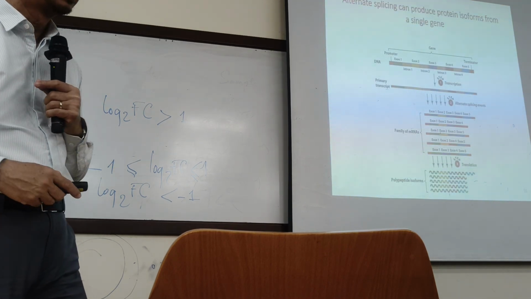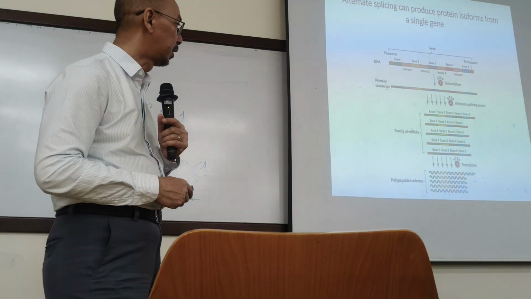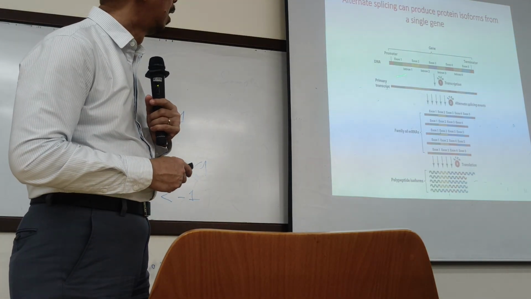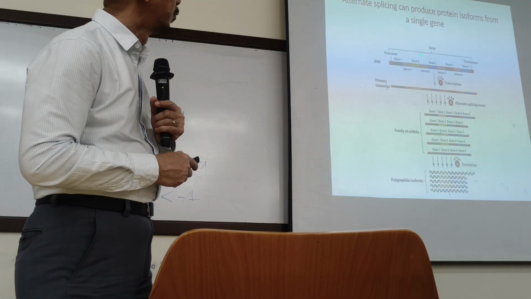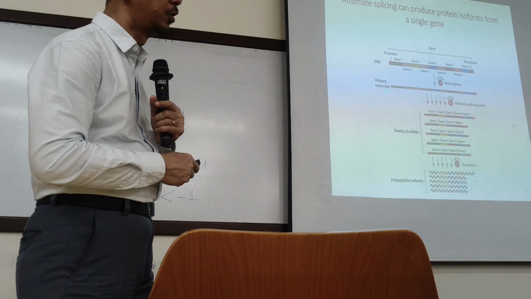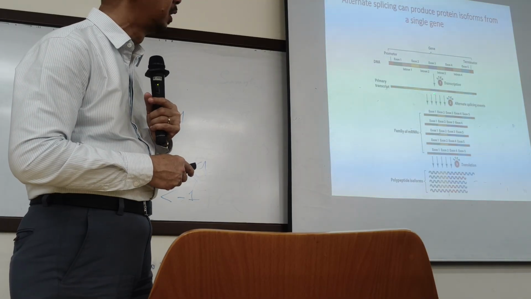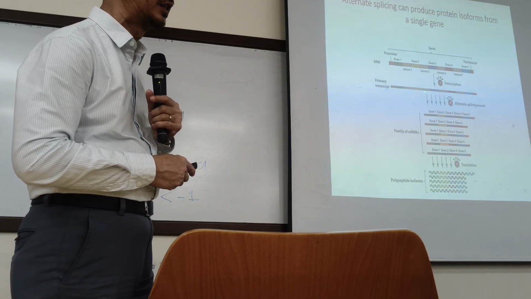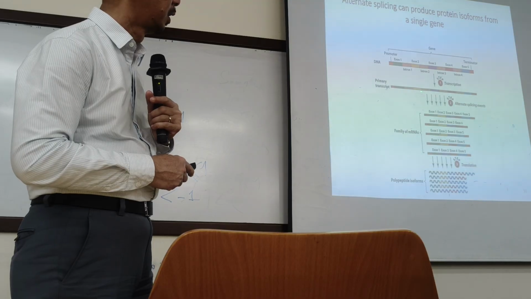So look at here how we draw transcript isoform. I already explained that genes are transcribed into a primary transcript first, which still contains introns.